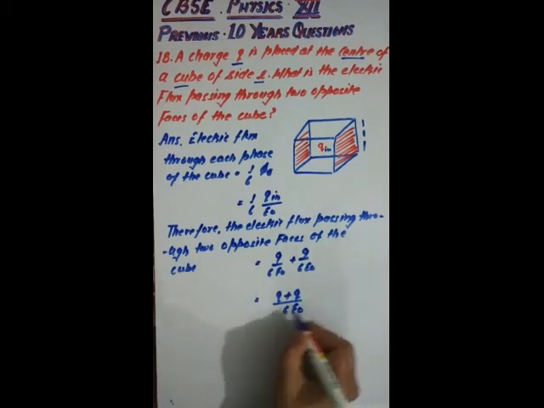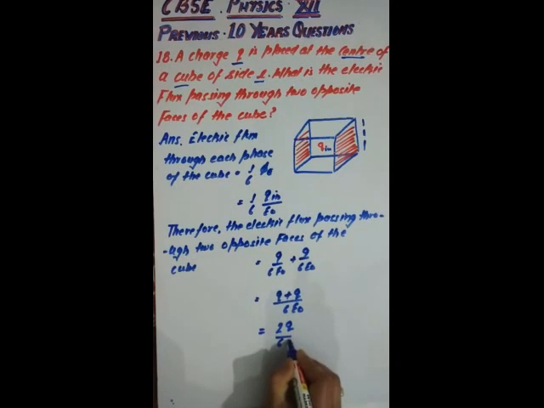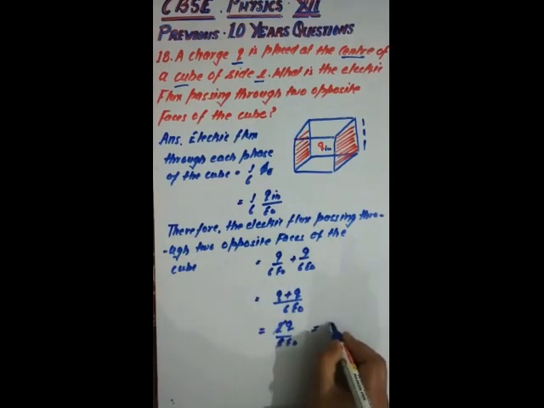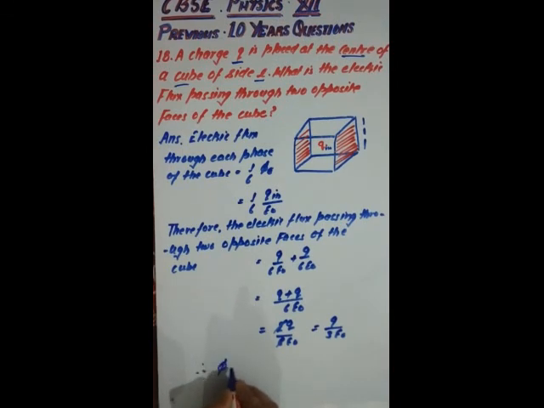It will become 2Q upon 6 epsilon naught, or it will become Q upon 3 epsilon naught. So therefore electric flux through two faces will be Q upon 3 epsilon naught.